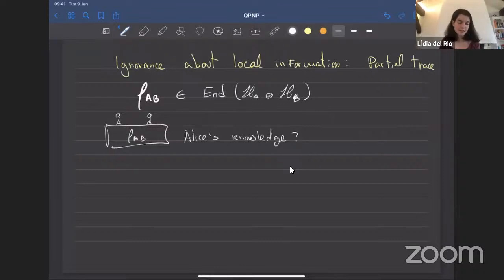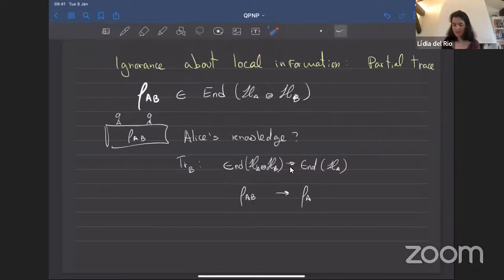Which means that we're looking for a map that will go from rho AB to give me just some rho A, from the space of maps on the global Hilbert space to maps on A. I'm looking for some operator that, from the global state, describes just Alice's knowledge.